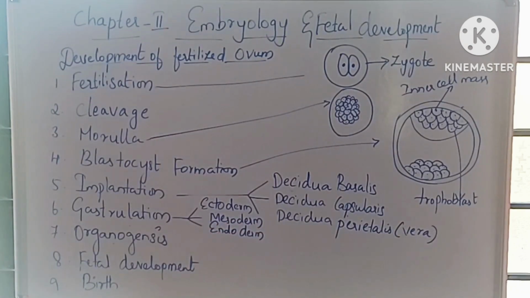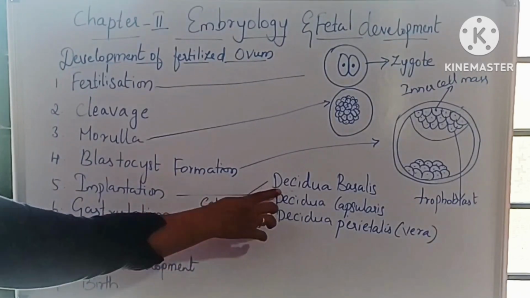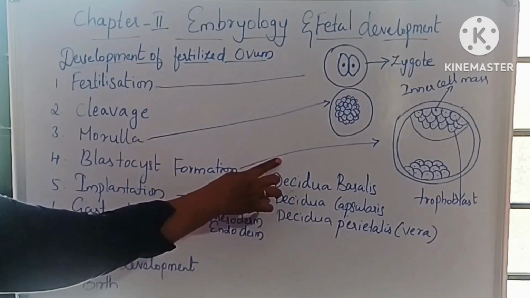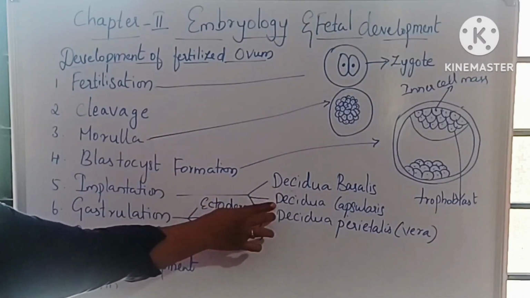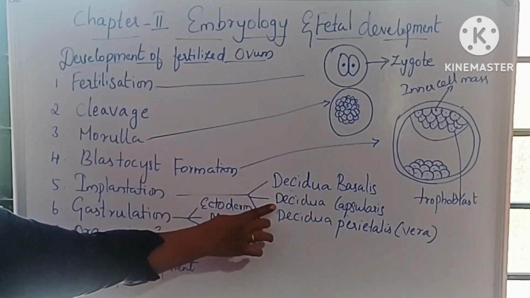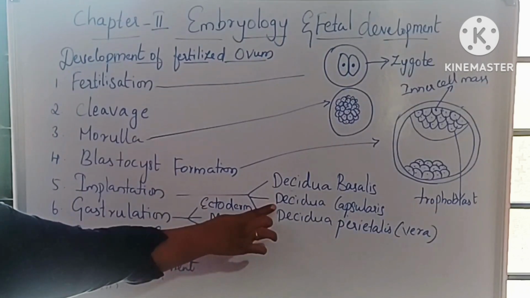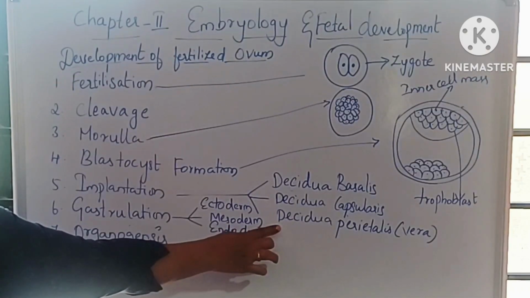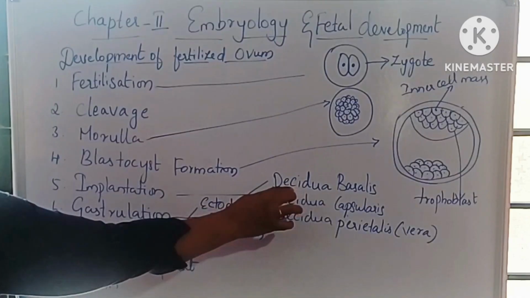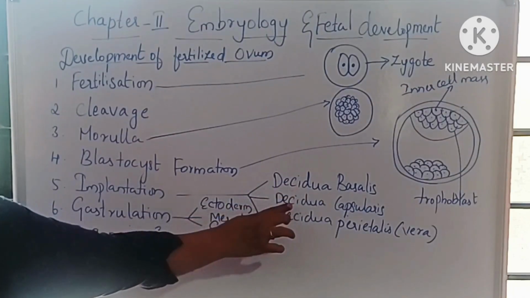Next we can see a simple table of decidua basalis, decidua capsularis, decidua vera. Decidua basalis location is below the embryo. Decidua capsularis location covers the embryo. Decidua vera location is the rest of the uterus. Decidua basalis forms the placenta. Decidua capsularis protects the embryo.